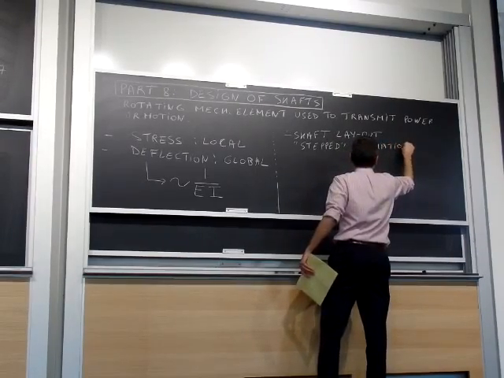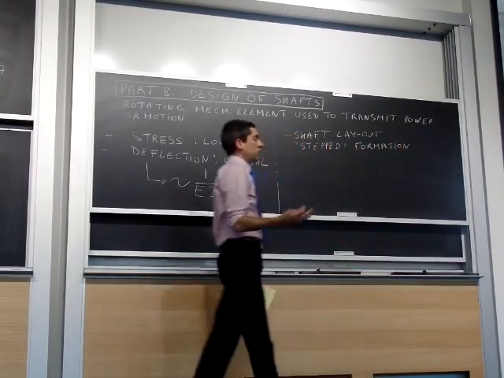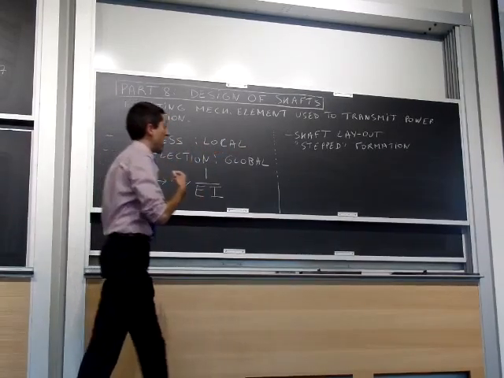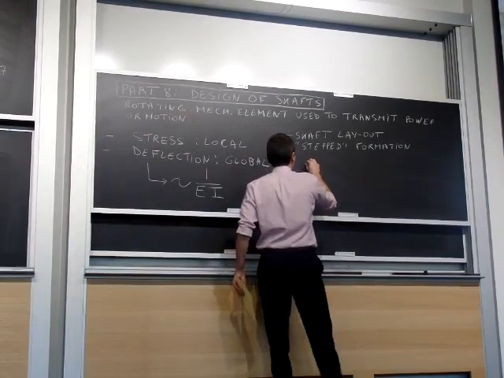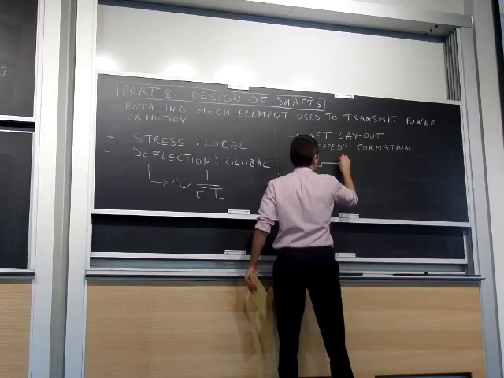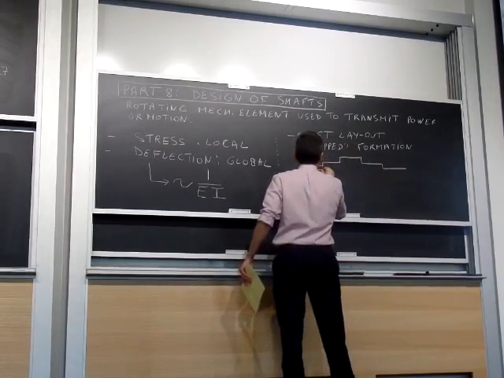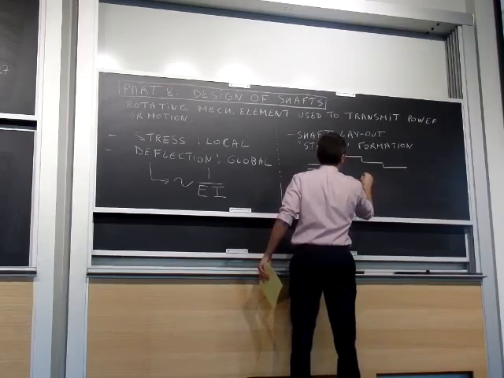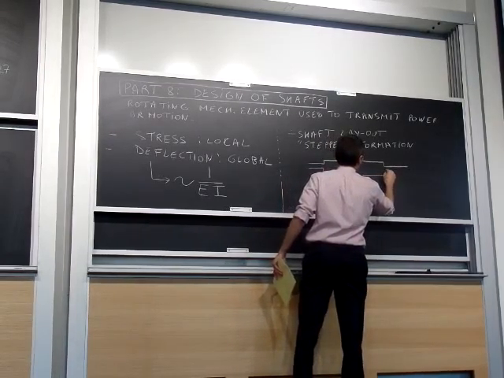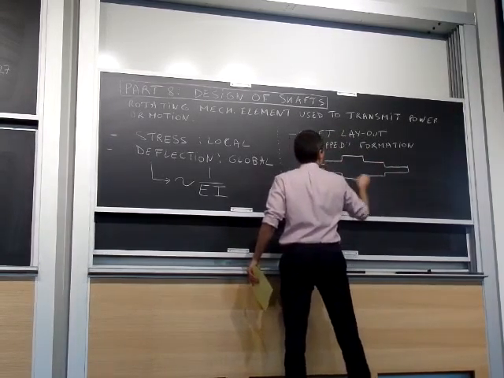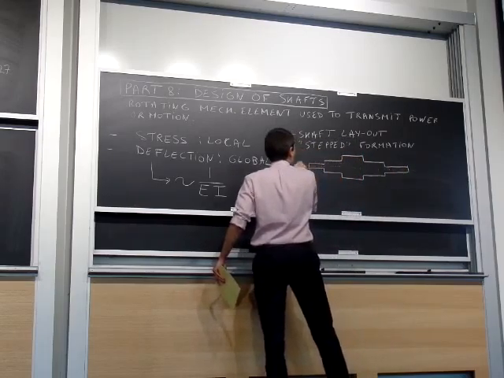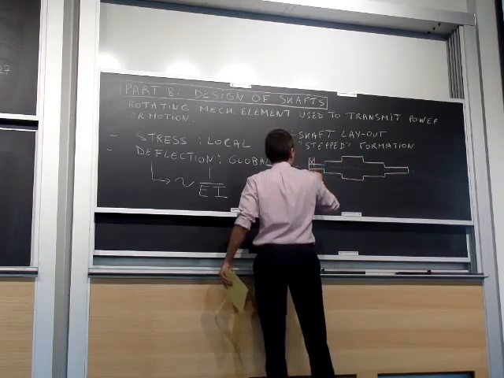The reason for that is because the stress varies throughout the shaft. You want to minimize the amount of material that you have to use. Let's say this could be a typical shaft shape here, and then supported in two bearings here.